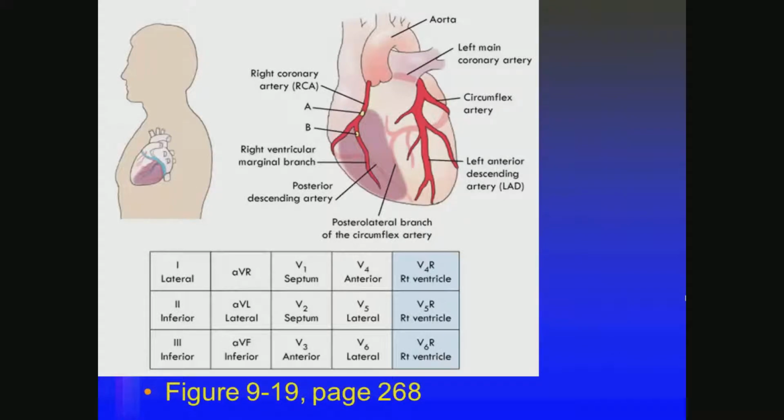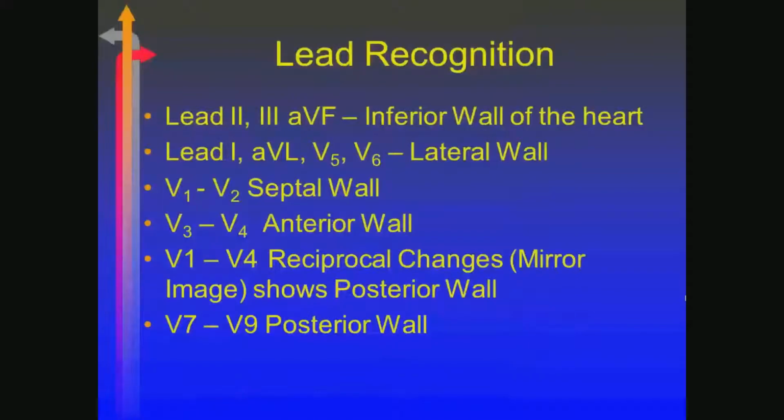And this is the posterior descending, where you end up seeing that branch being blocked. And we would look at V4R for right ventricular MI. So this is just a summary on one page for you of all the different leads.